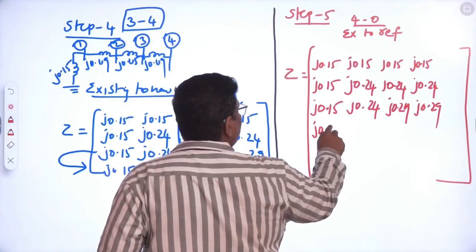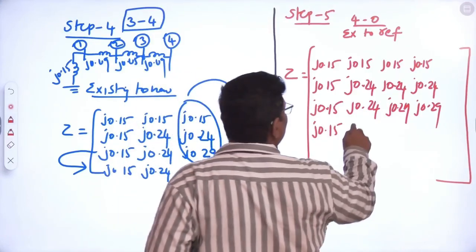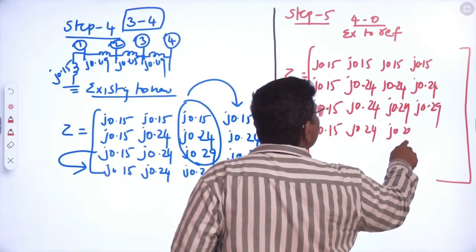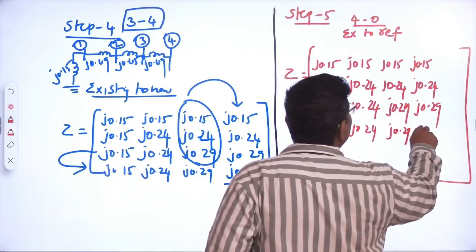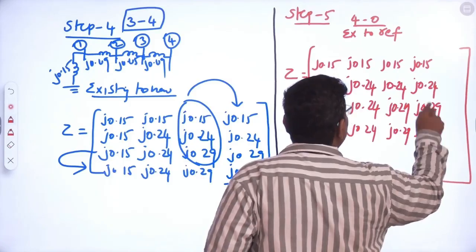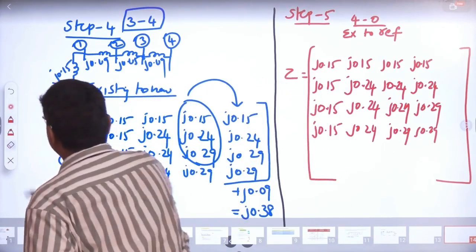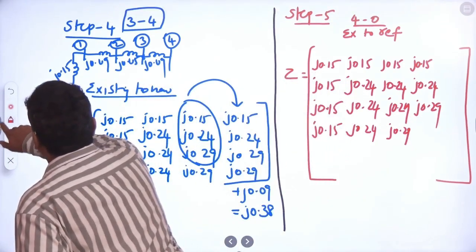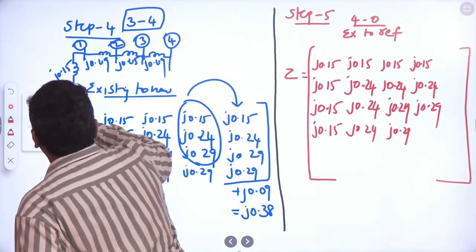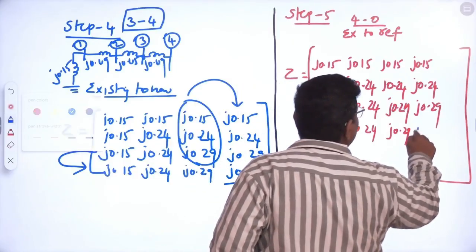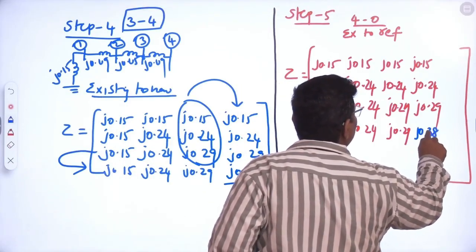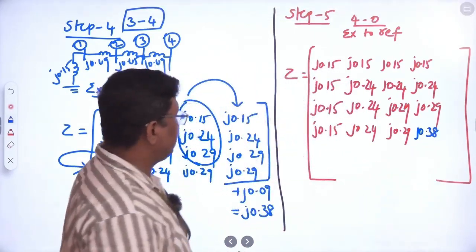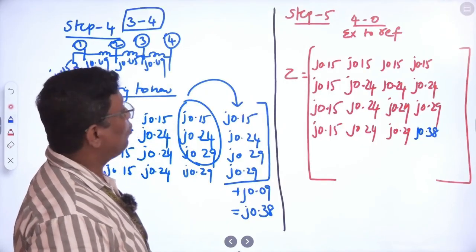So this is the 4 cross 4 matrix already obtained in step number 4. The same values are repeated. The last value obtained is j0.38, right? So these are the previous values, the step number 4 values, the 4 cross 4 matrix.